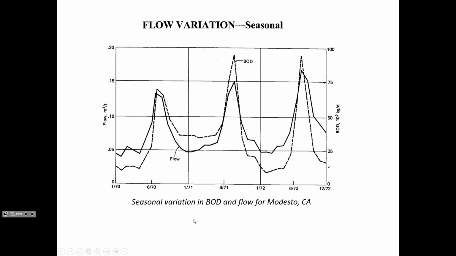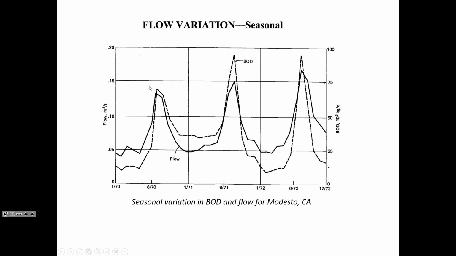And this is 3 years worth of data, from January of 1970 to January of 73. So 3 years. And what you can see is that the highest flow and the highest BOD are at the same time, and it's towards the summertime.